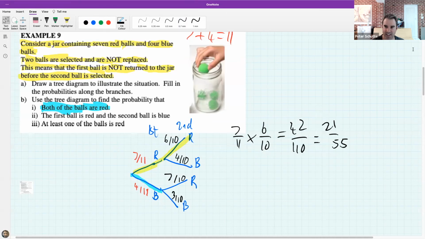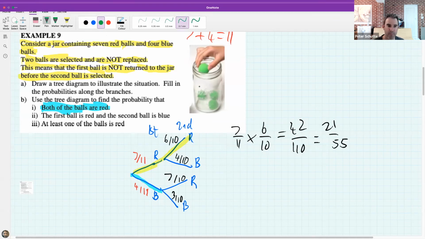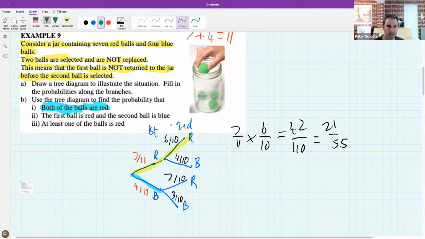Now, I want to know what is the probability of the first ball being red and the second ball being blue. So I want to know what the chance of this one is.